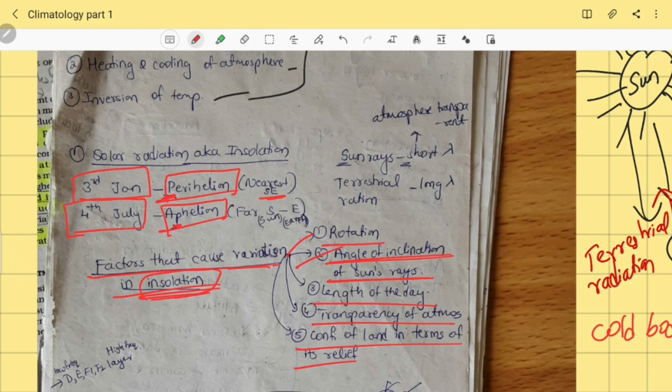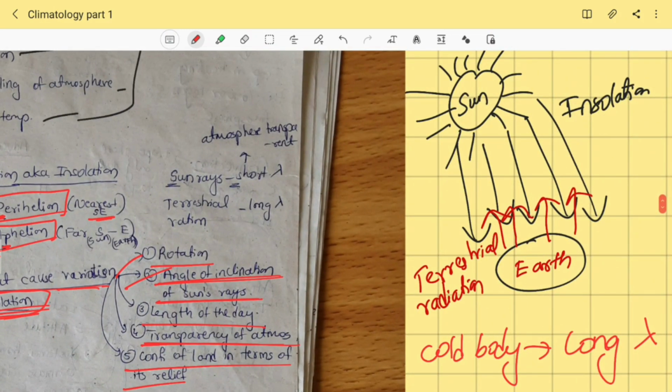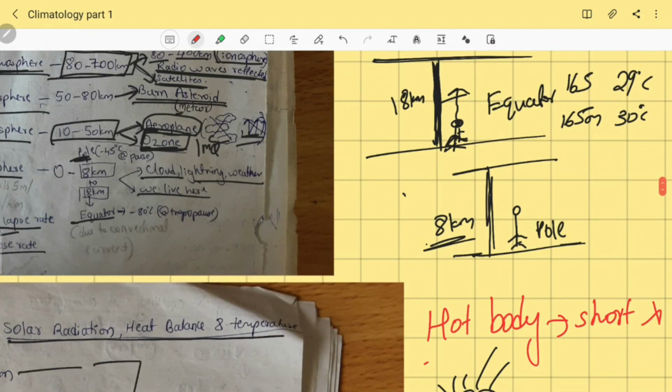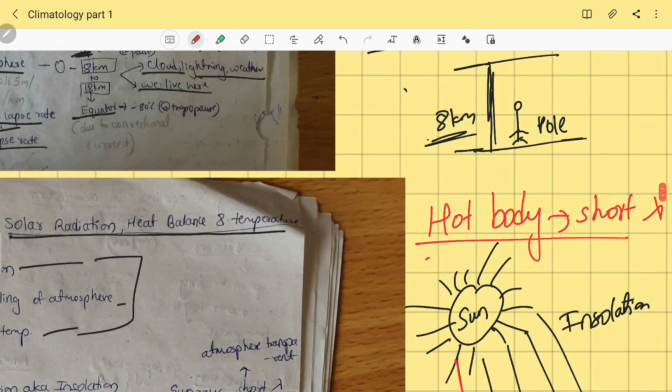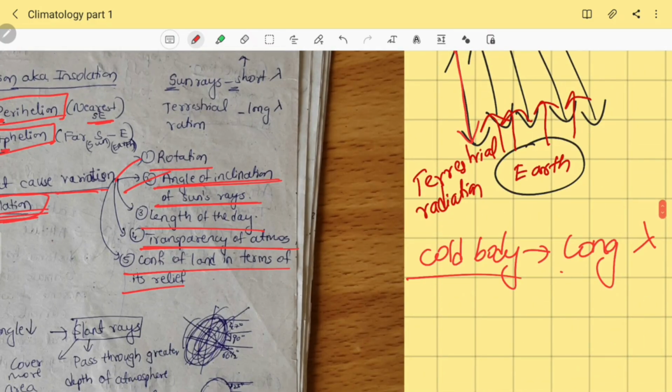Now let's see the transparency of atmosphere. The atmosphere is largely transparent to short wave solar radiation. We have seen here that solar radiation is short wave because a hot body emits short wavelength rays and a cold body emits long wavelength.